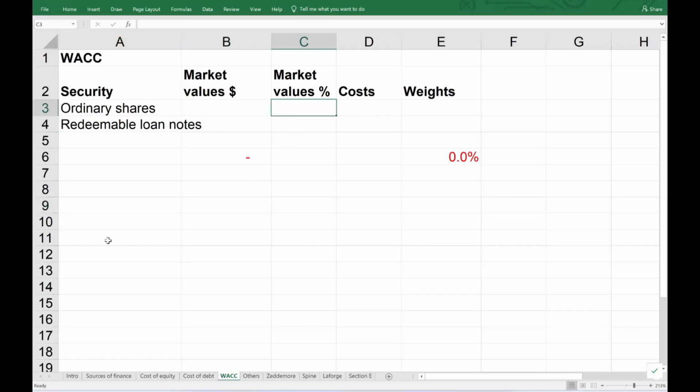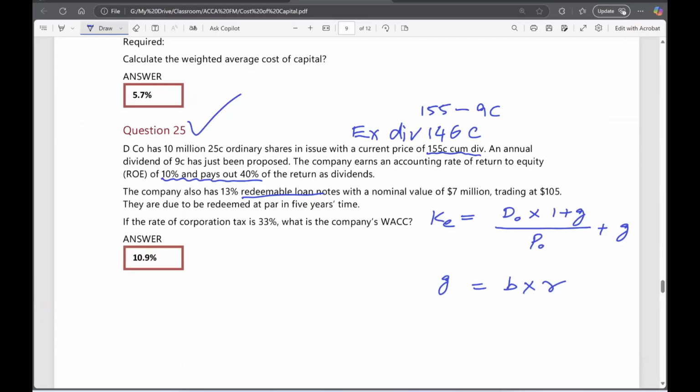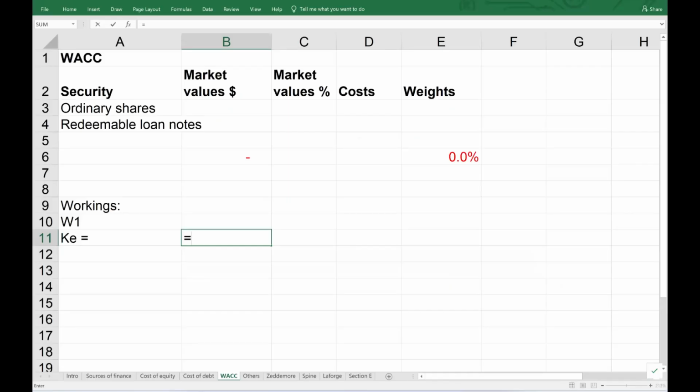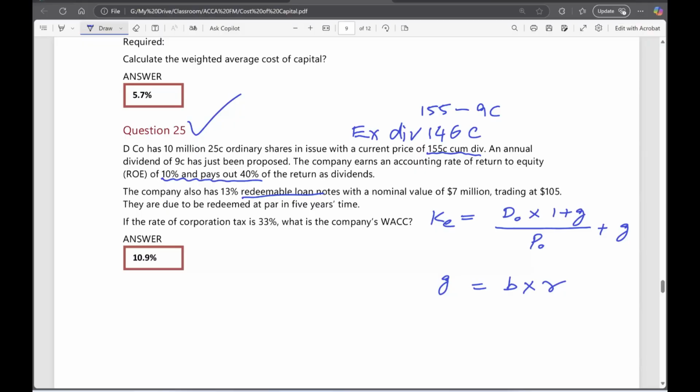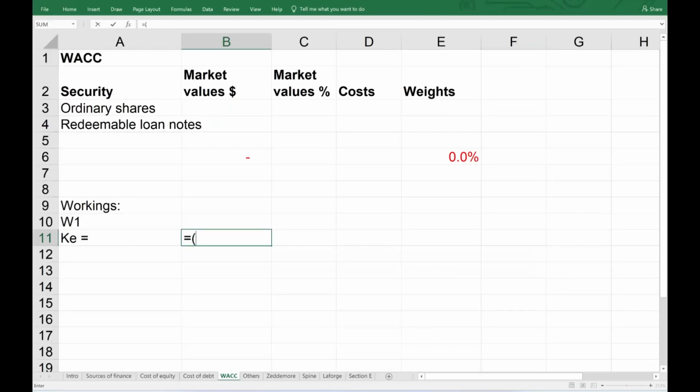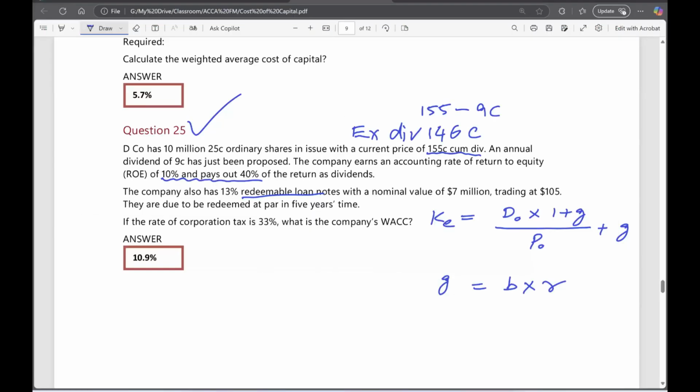You can find directly here, but you can show working, whatever you like. Okay. Working one, cost of equity. I can find directly here. Formula: D0, 9 cent. You can calculate in cents as well or dollars. Okay, I will use dollars. 0.09 into growth. What's the growth you find?